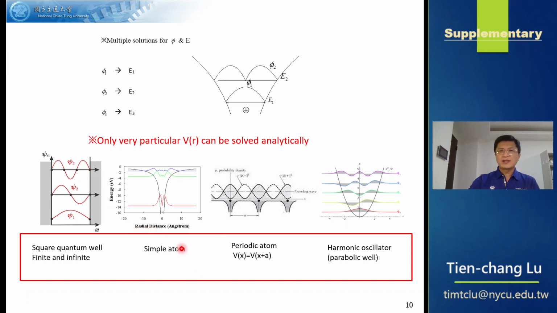And the other one is periodic atoms, like in crystal structures. In periodic atoms, the potential energy takes this form: V(x) equals V(x plus a). a is the periodicity or the lattice constant, which means that when we translate the position by every distance a, the potential energy will repeat itself.